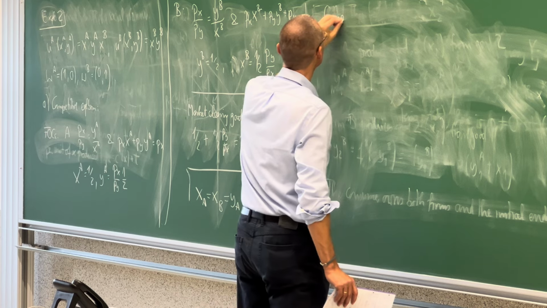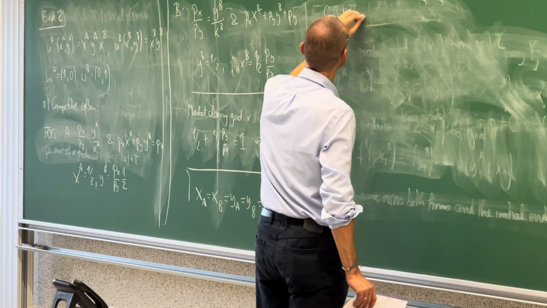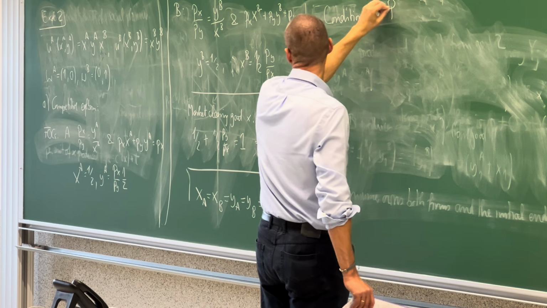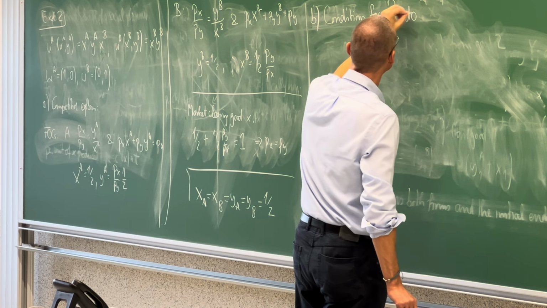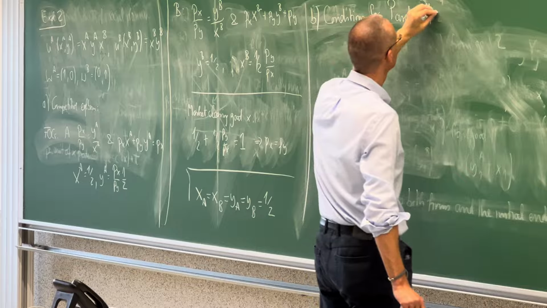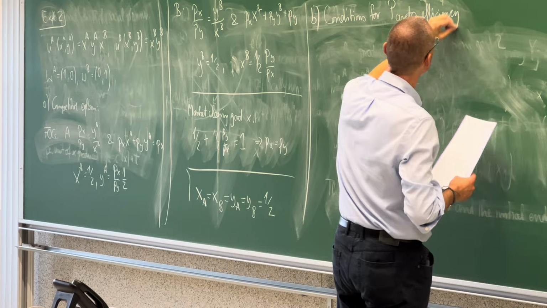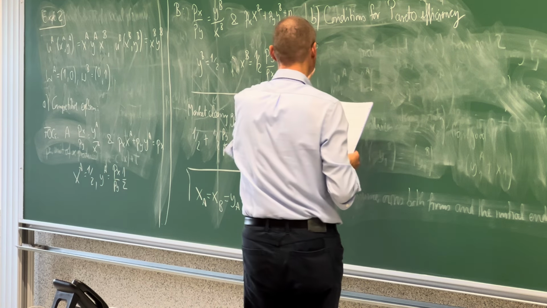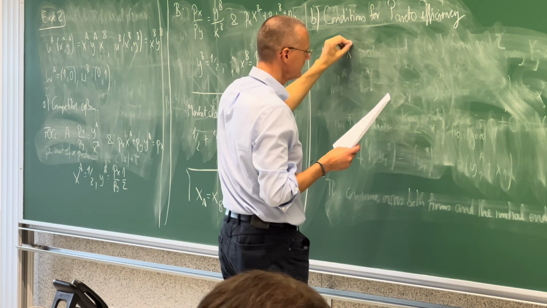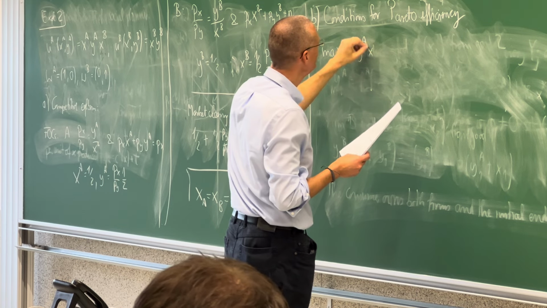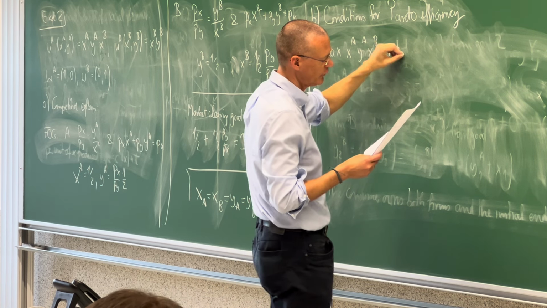Conditions for Pareto efficiency. Again, you can maximize the sum of the utilities, or one consumer's utility subject to the other getting a certain level.